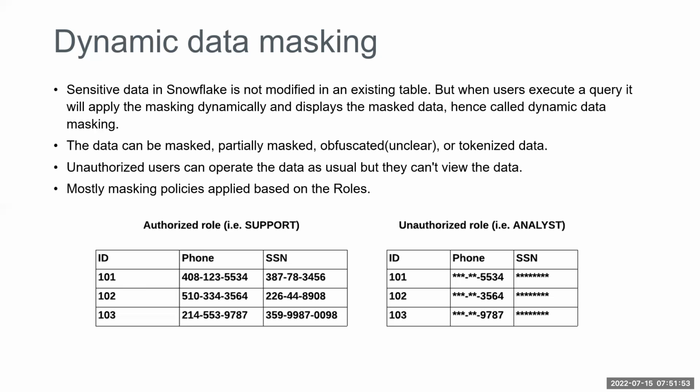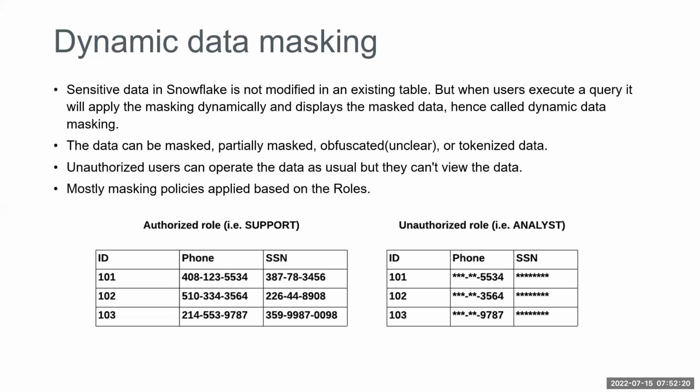Unauthorized users can operate on the data as usual, but they cannot view the data. Suppose my condition is select star from this table where phone number equals this one. He can put that in the where condition if he knows the phone number, and it will work.